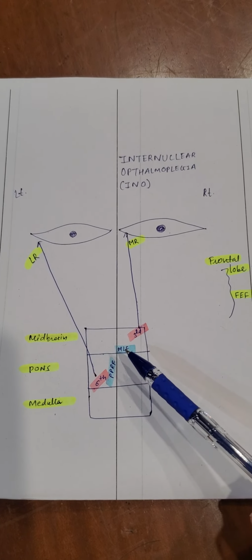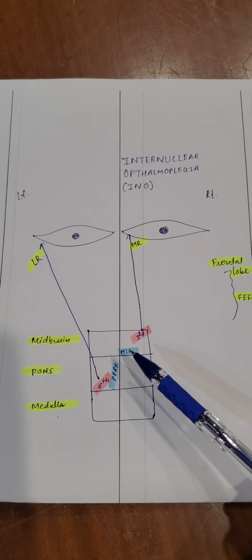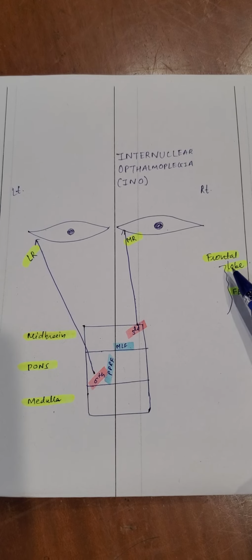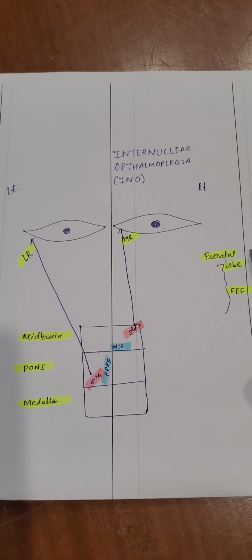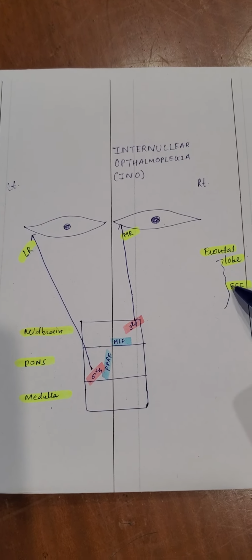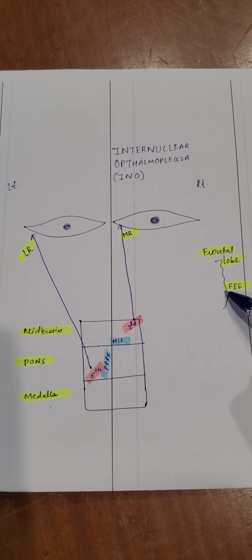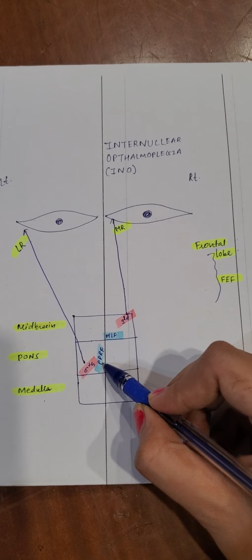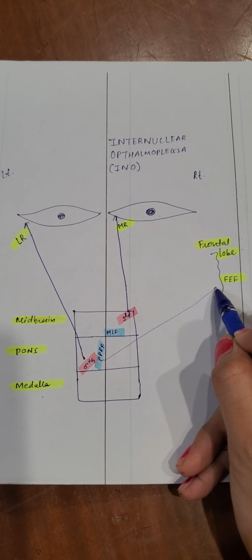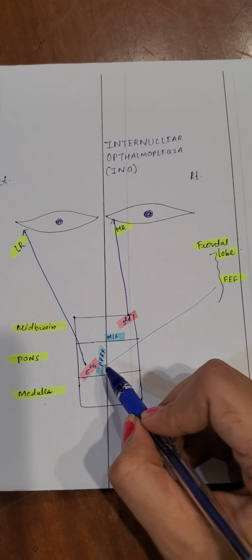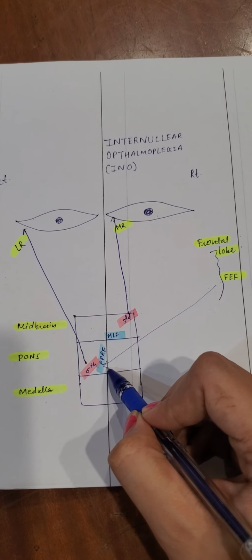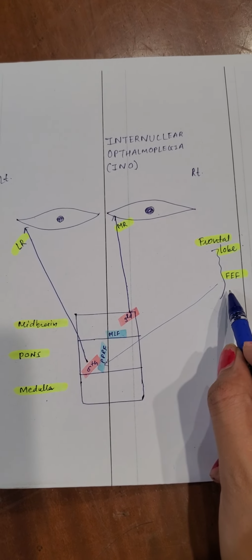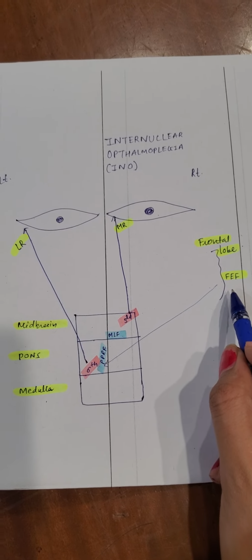So, when we are looking to the left, signal from the right frontal lobe, that is the frontal eye field area, will give the signal to the opposite side of the PPRF. This PPRF will receive the signal from the opposite side of the frontal eye field.